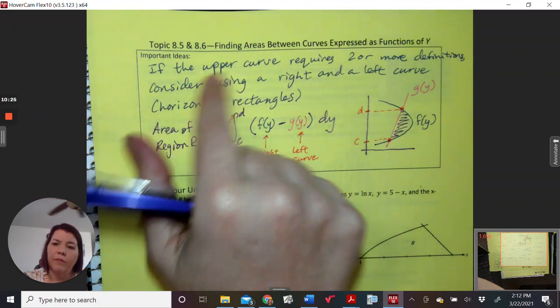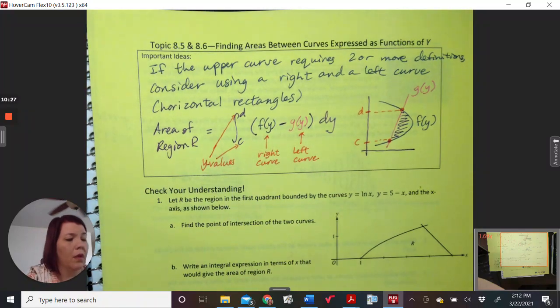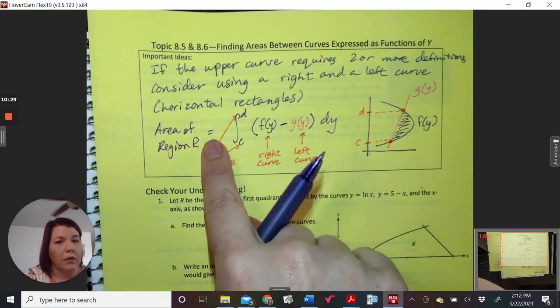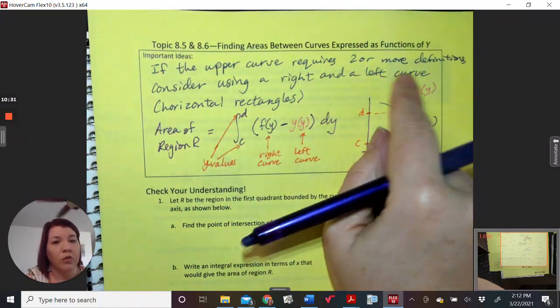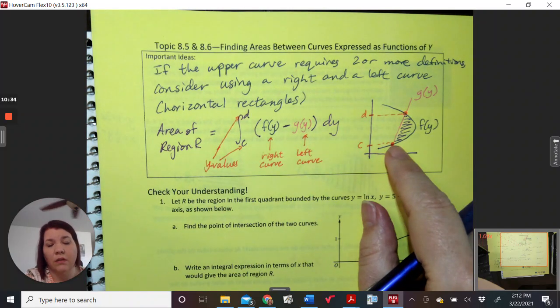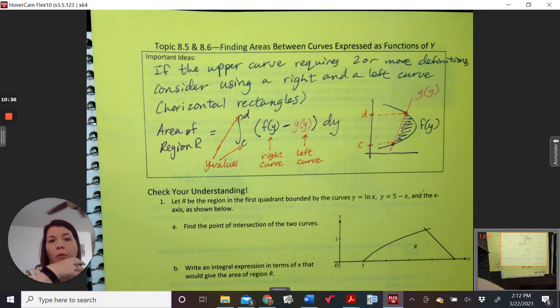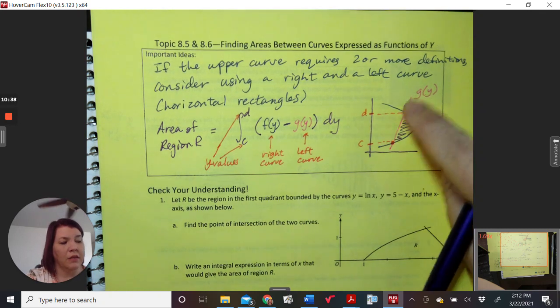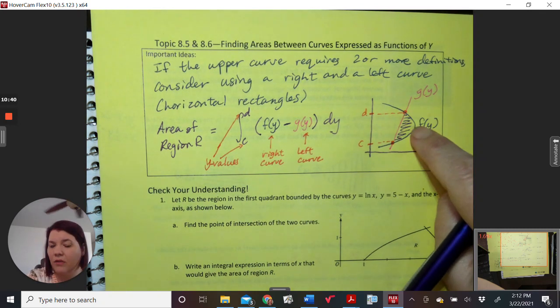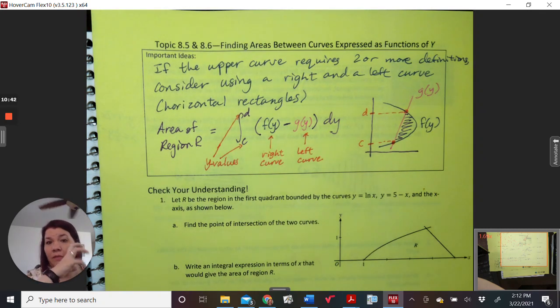So if the upper curve requires two or more definitions, so like we had to switch what upper meant because this was upper for a while and then something else takes over, then it's easier to say left and right and make horizontal rectangles.